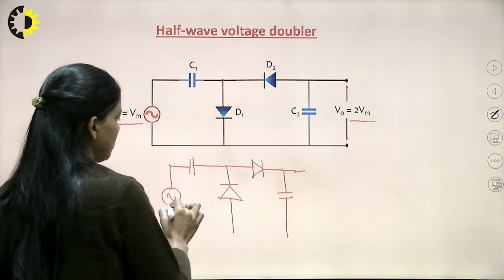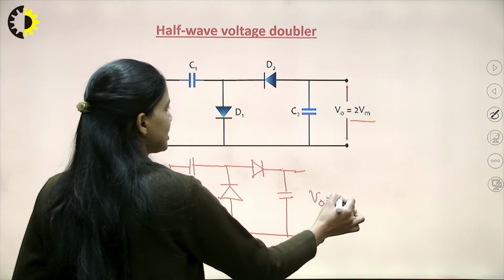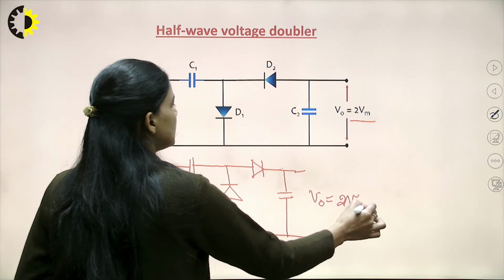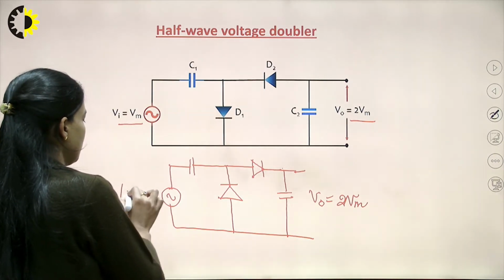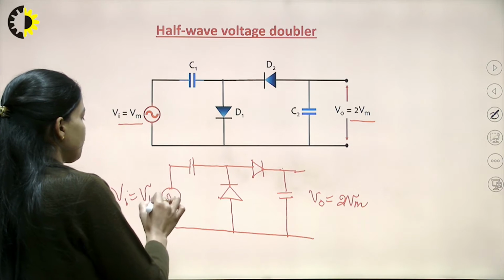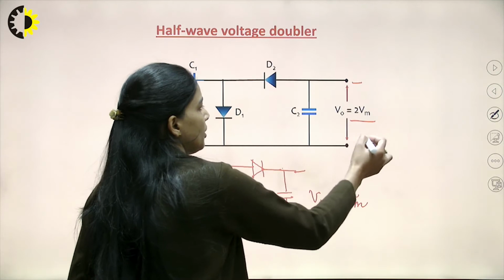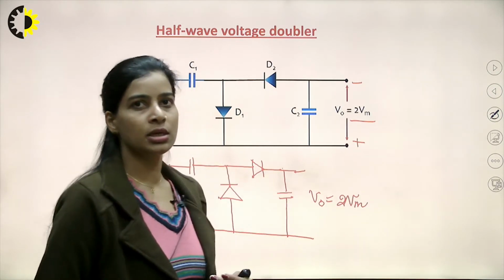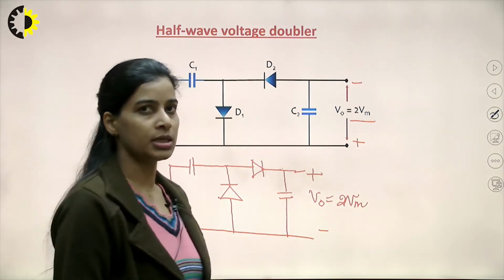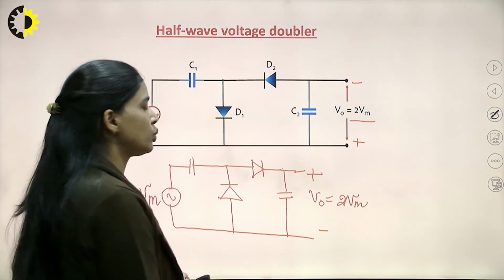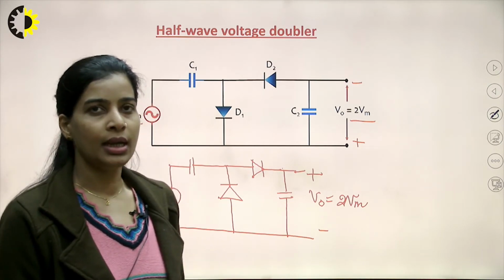Here we can have the voltage doubler circuit like this also. Here also we get 2 Vm, with a difference in the direction of the peak value. In the first one we get minus and plus in this direction, 2 Vm, and in the second one we get plus and minus in this direction. So in both ways we can connect the diodes to get voltage doubling at the output.